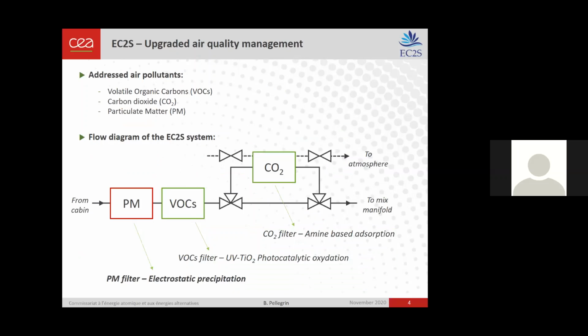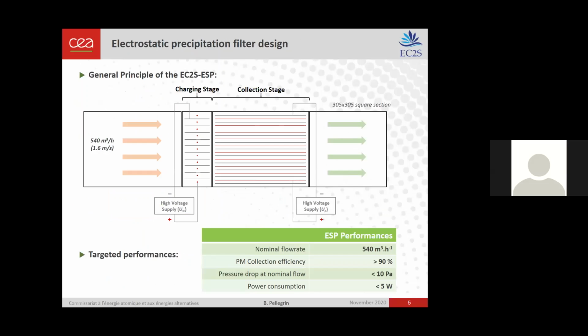The main advantage that electrostatic precipitation can provide, as compared to mechanical filtration, is a very low pressure drop, and the regeneration of the system can be just performed by cleaning the collection plates. So I'm working on the particle filtration part, so I will go into more detail on this part.